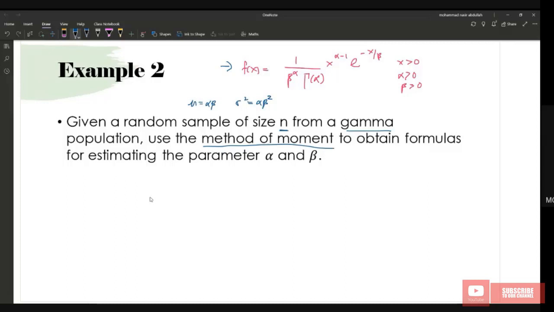So now we know that from the gamma distribution, mu1 prime is equal to alpha beta. But wait, before we go further, we need to look at this theorem.